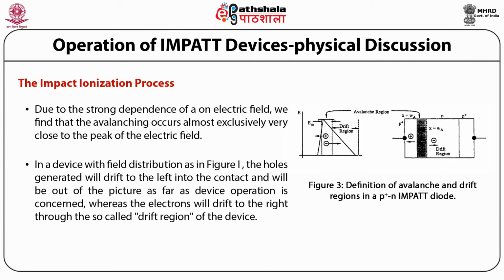In a device with the field distribution discussed previously in the figure, the holes generated will drift to the left into the contact and will be out of the picture as far as the device operation is concerned, whereas the electrons will drift to the right through the so-called drift region of the device as shown in this figure.